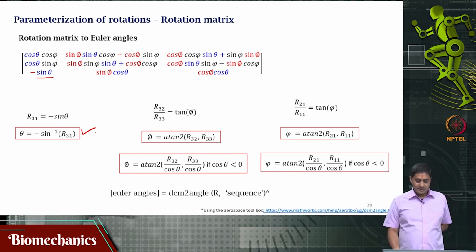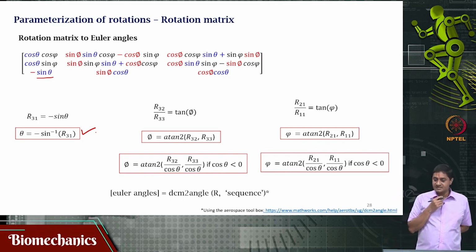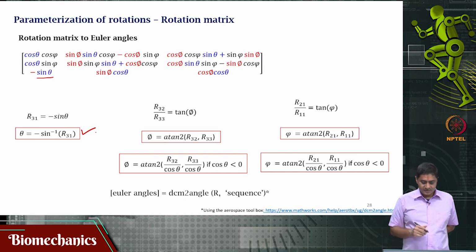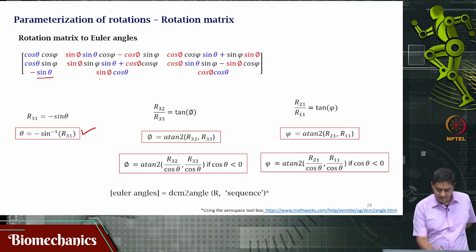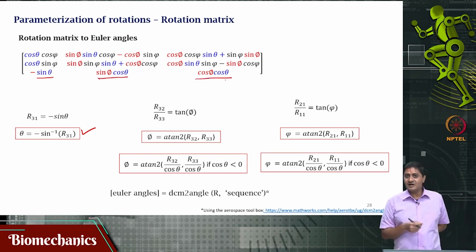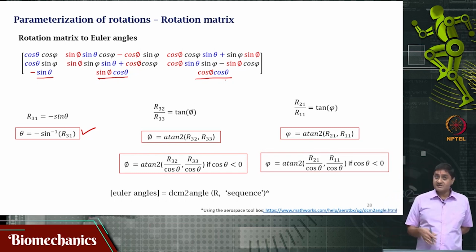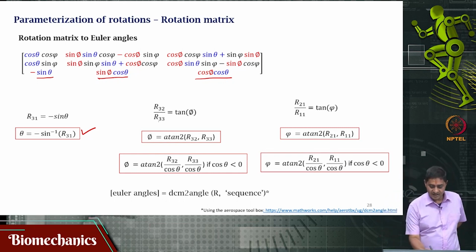Now, are there other ways of finding phi and psi? Well, if I look at these two, 3 2 and 3 3, there is a common element cos theta between them. If I divide one by the other, cos theta is going to get cancelled, and I will have tan phi as R32 by R33.